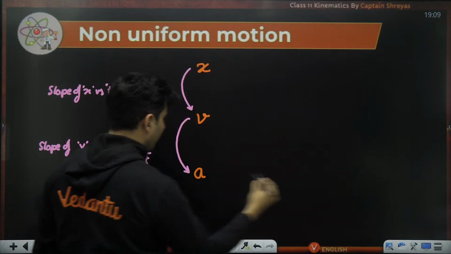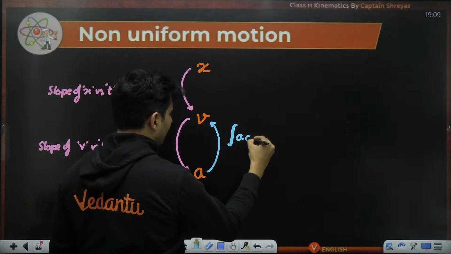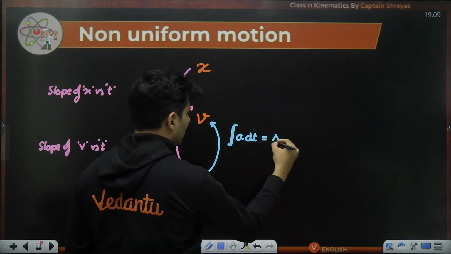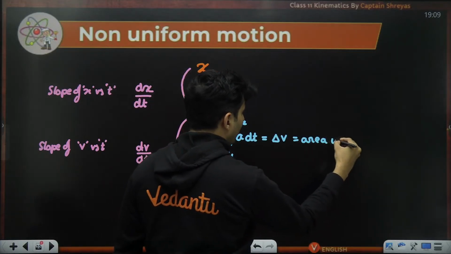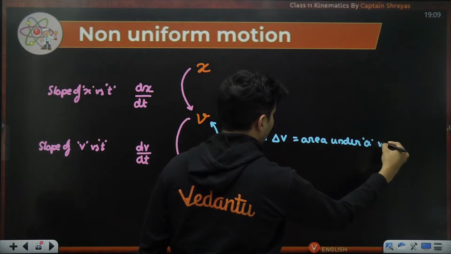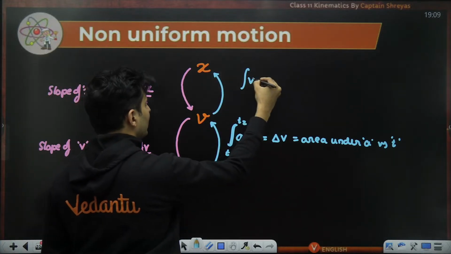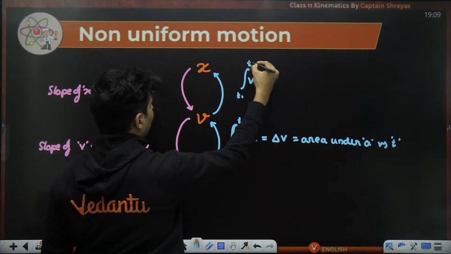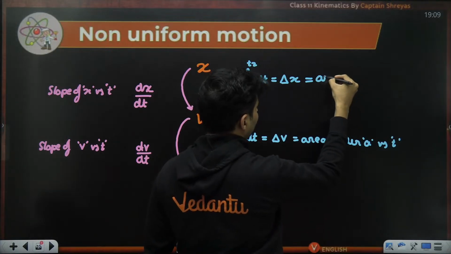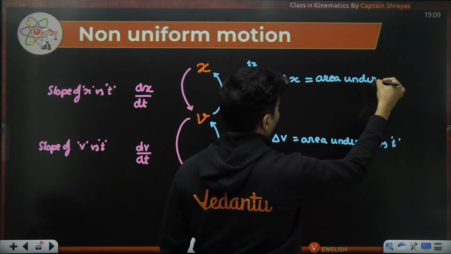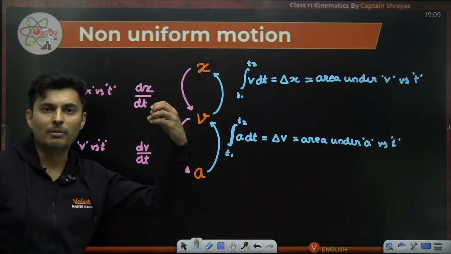If you go the reverse, acceleration to velocity, integrate acceleration with respect to time, that will give you the change in velocity from, let's say, t1 to t2, which is the area under acceleration versus time. And if you go from velocity to position, integrate this velocity from some time to another time, that will give you nothing but the change in position, which is displacement. So that is the area under velocity versus time. This chart will help you for many questions.